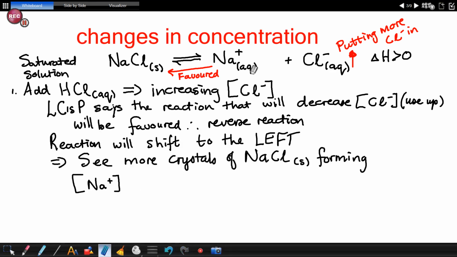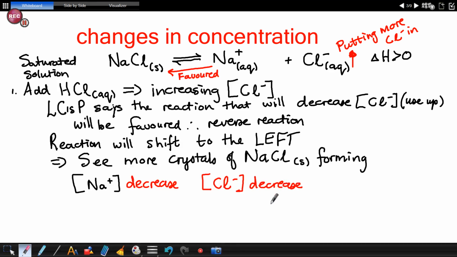They won't increase, they're used up. It will decrease. And what will happen to the concentration of the chloride ion? It will also decrease.